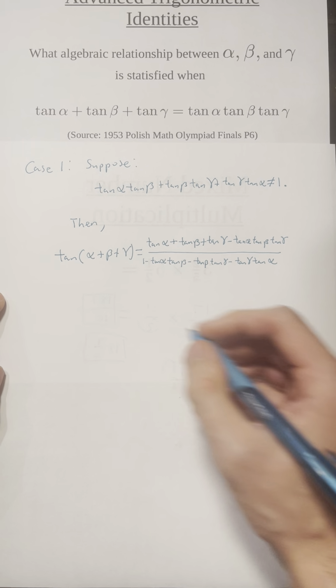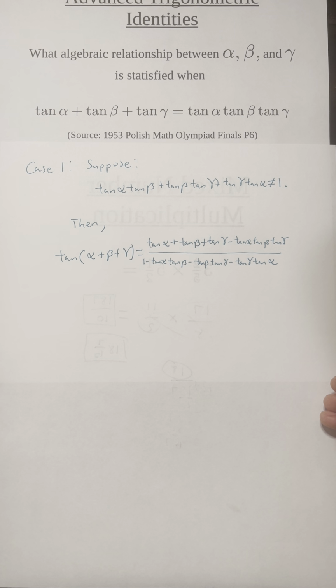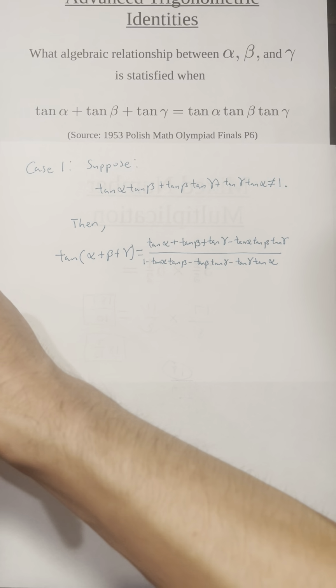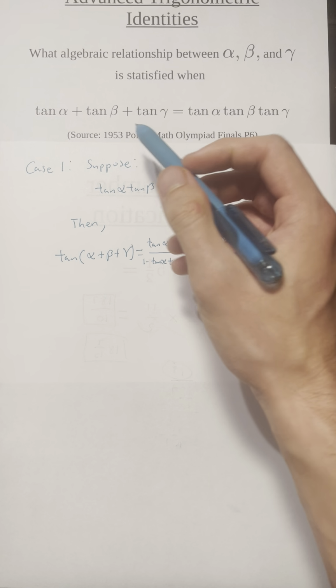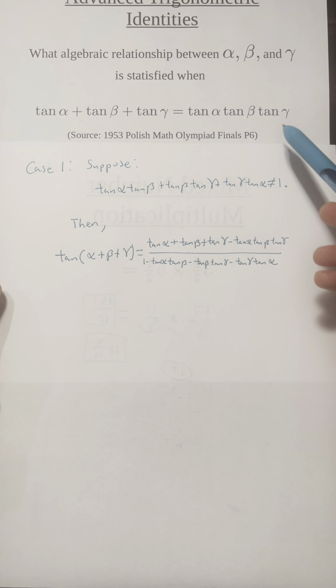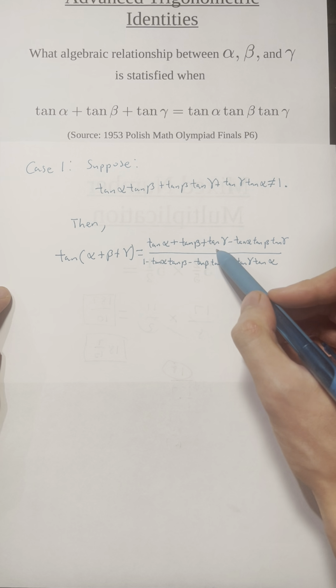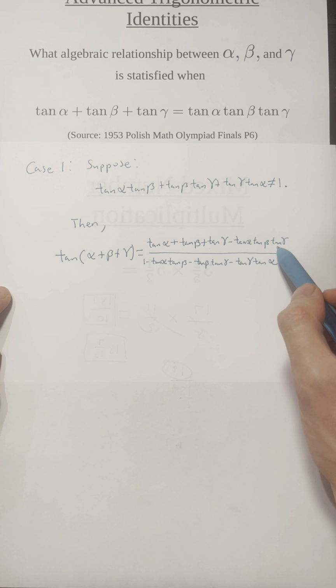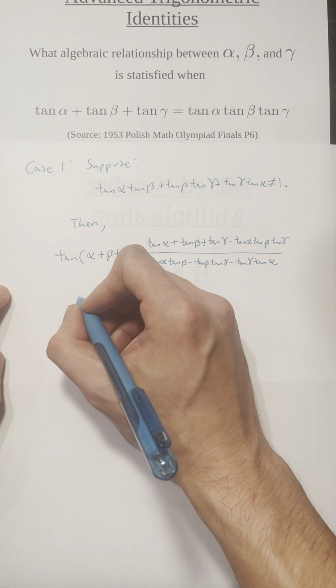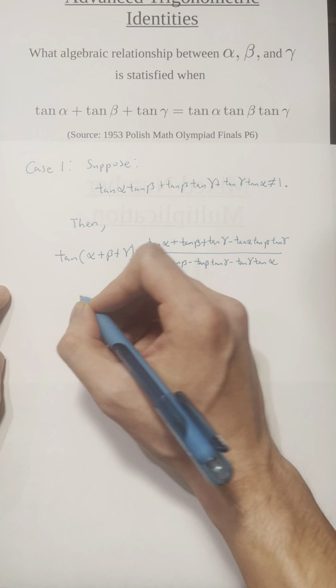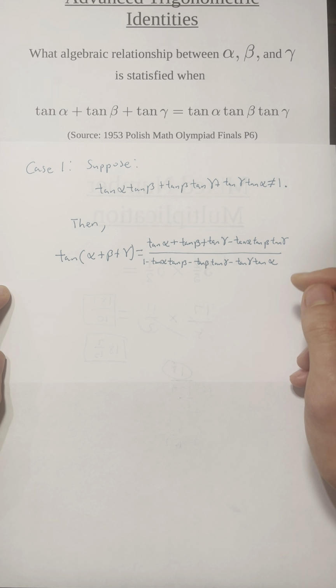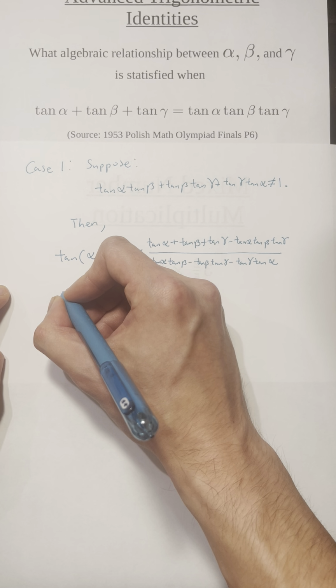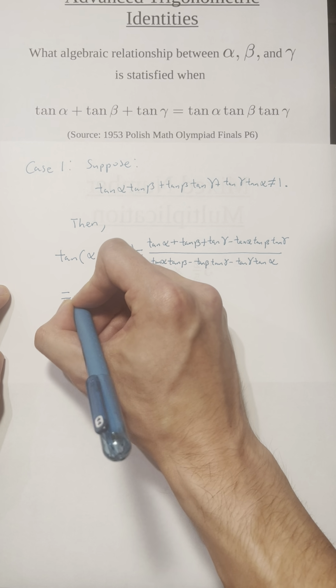And this is going to be equal to what? Well, it's going to be equal to 0 because this is equal to this, and this is the same thing as this. So this minus this is 0. So, I'm just going to write that it's equal to 0 here.